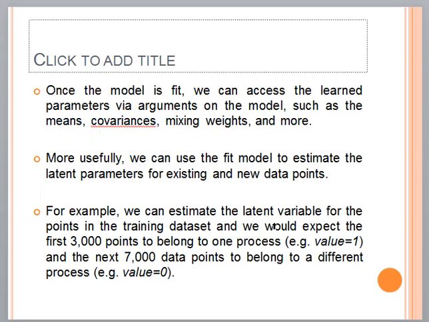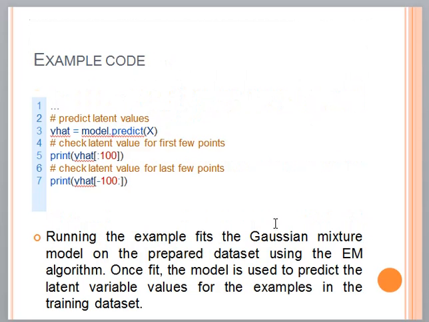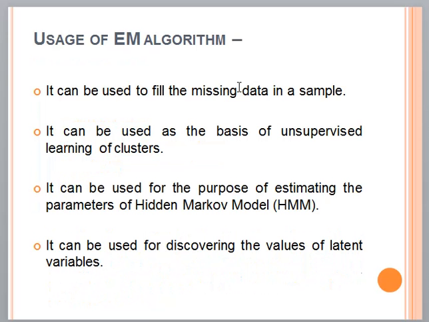So we have two different processes with different data points. In total there are 10,000 data points which we have already generated, and then we can use the latent variables prediction function in order to predict the values.